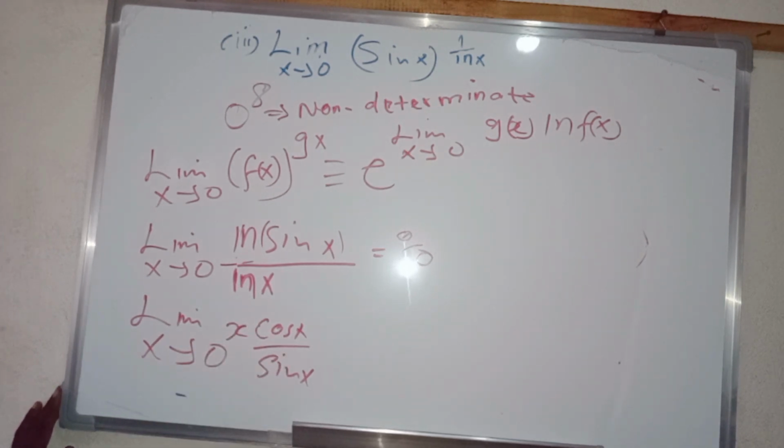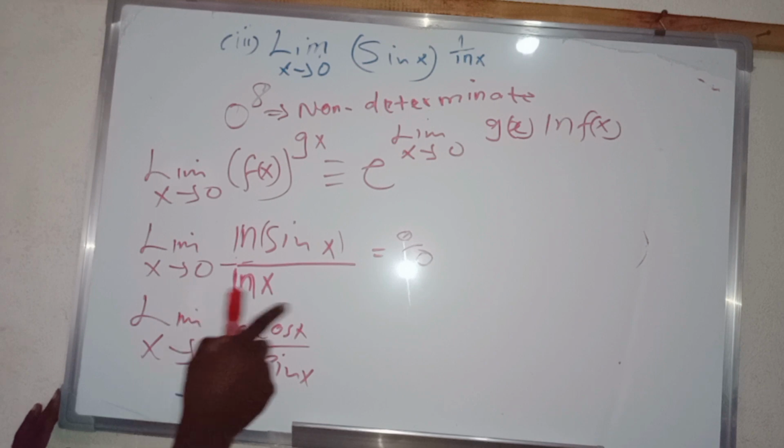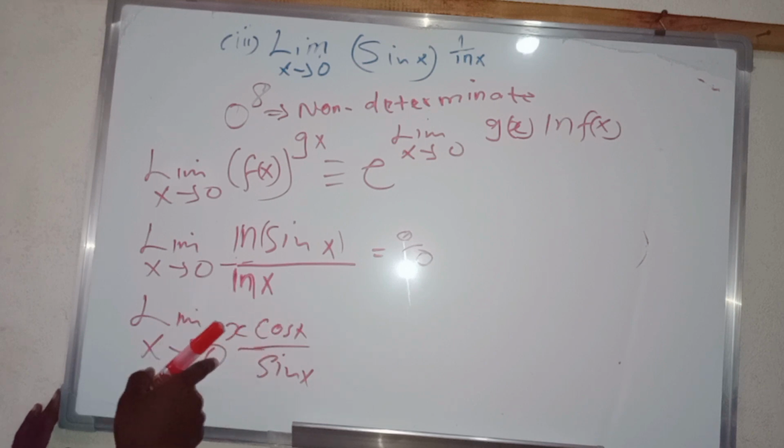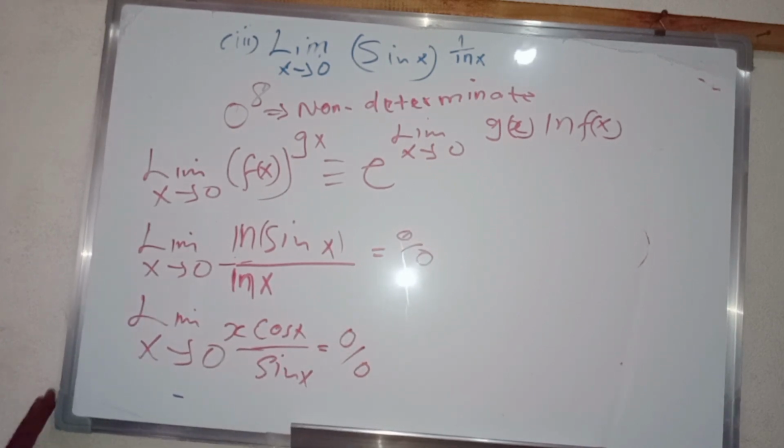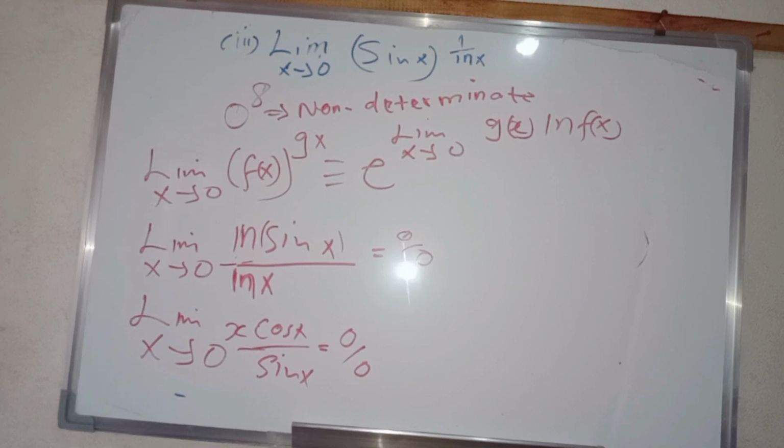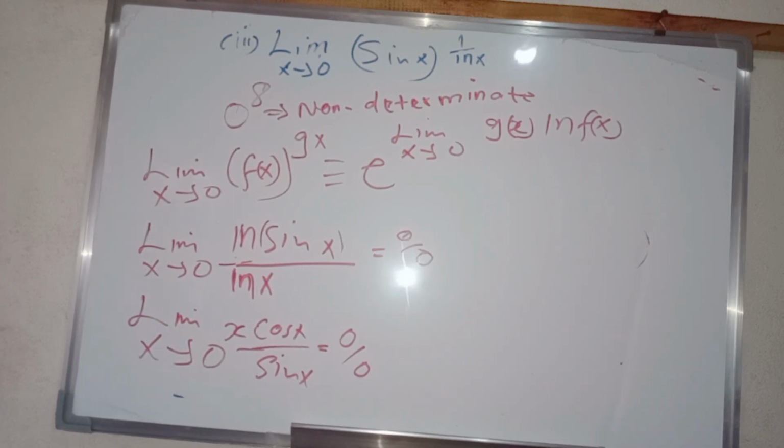So you have x cos x divided by sin x. Putting the value of x to be 0, it will be 0 divided by 0. Again, this is in non-determinate form, so you make it determinate by differentiating again.